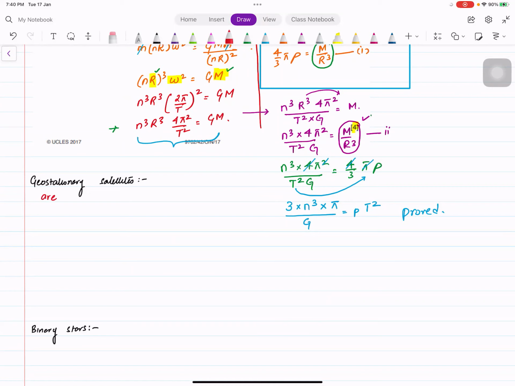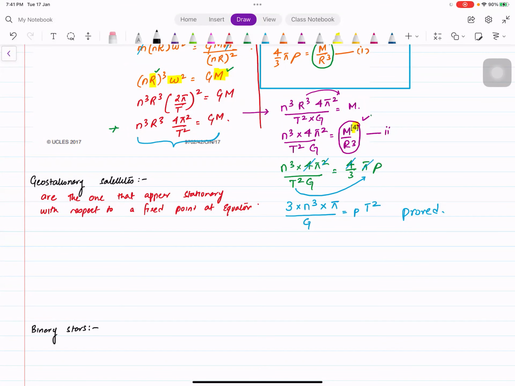Geostationary satellites are the ones that appear stationary with respect to a fixed point at the equator. So if you're standing at the equator and looking at it, it will always stay at the same point.